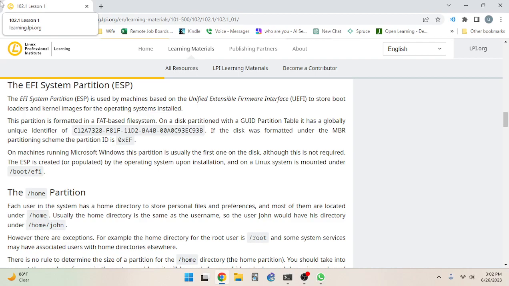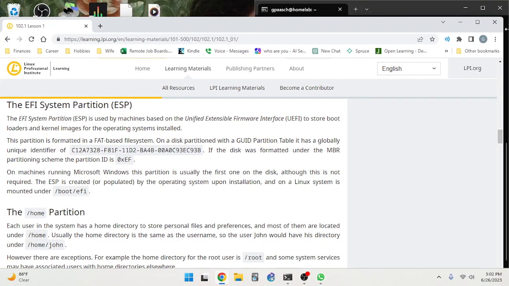So I guess you can have an ESP on an MBR formatted disk. But if that's the case, then the ID of your ESP is 0xEF. But if it's not, and it's partitioned with a GUID partition table, then it has this identifier.